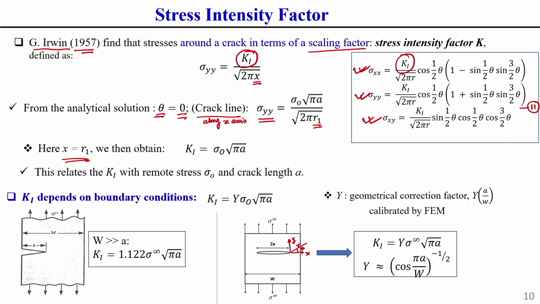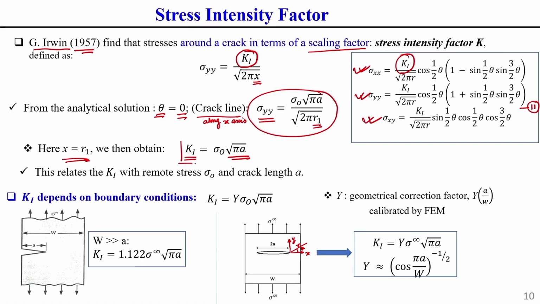Here this sigma yy can be represented like this, where the top part, sigma 0 square root of pi a, is called K1, or the mode 1 stress intensity factor. This is along the crack line where theta is equal to 0.